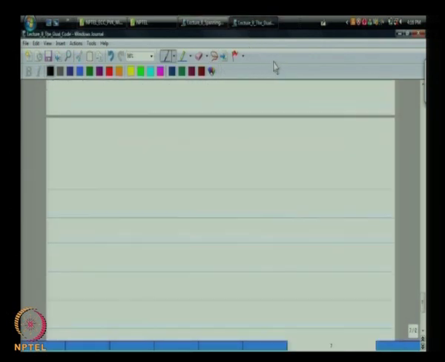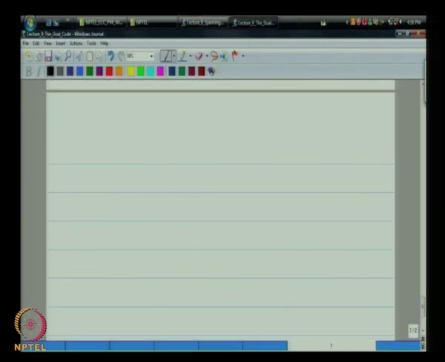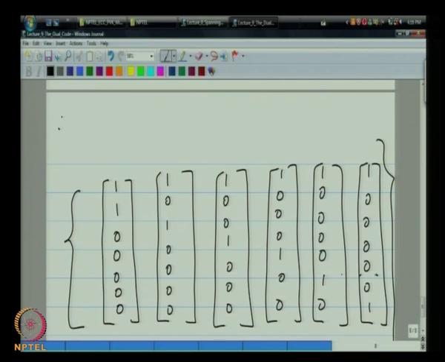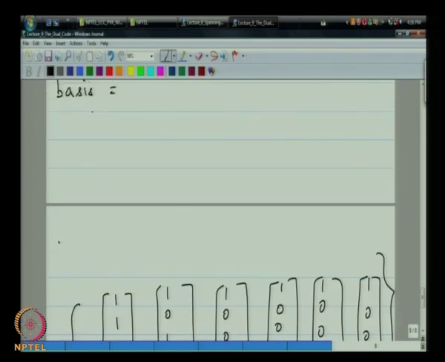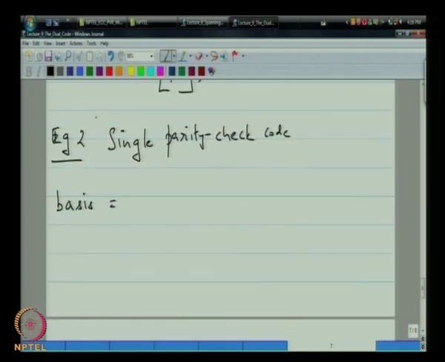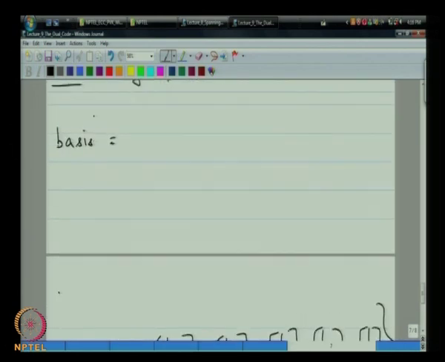And I am going to paste that over here. Okay. So, this is a basis for the example parity check code. So, the collection of 6 vectors below.